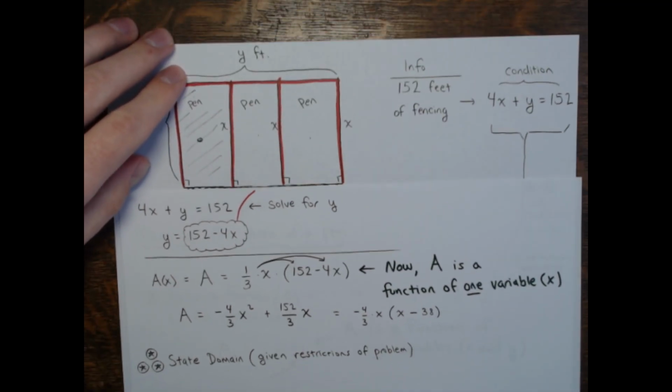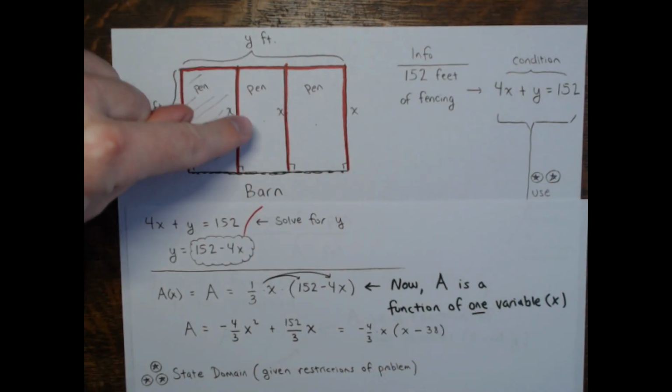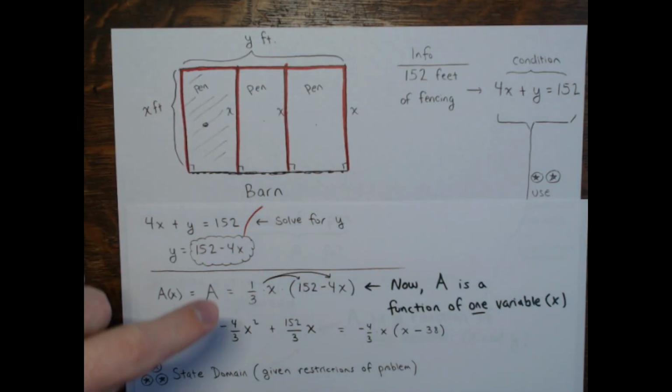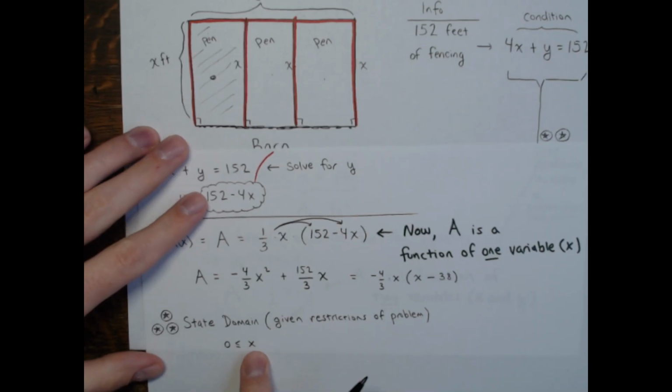Because if you think about what X represents, remember X represents these 4 pieces of fencing that I'm using. So I can't use a negative value. Right, so I'll say X has to be greater than or equal to 0.